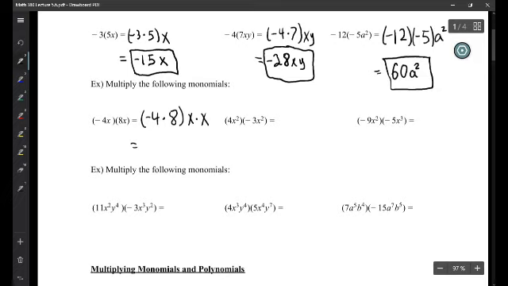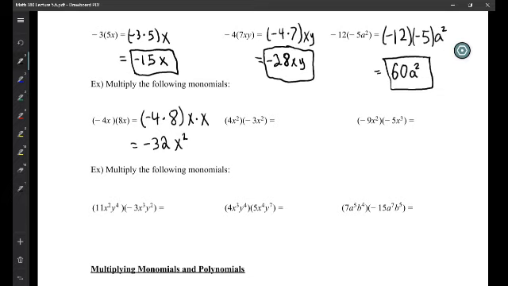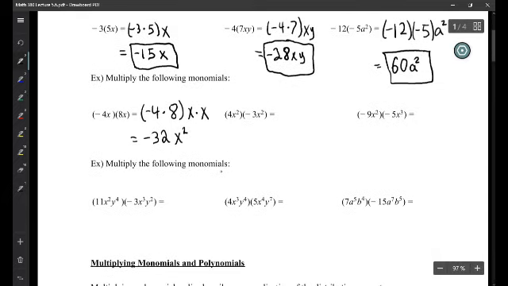Negative 4 times 8 is negative 32. And then x times x is x squared. Let me box that solution.